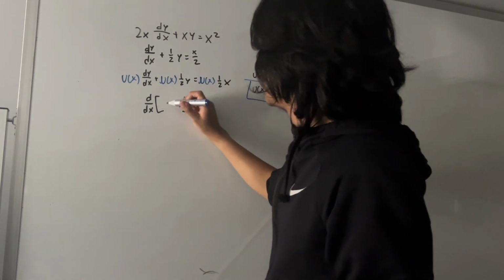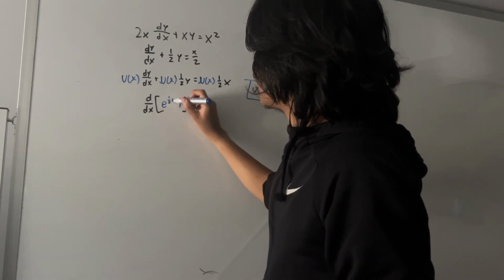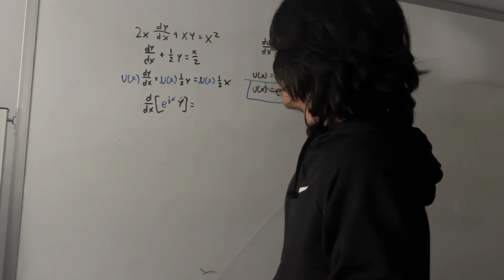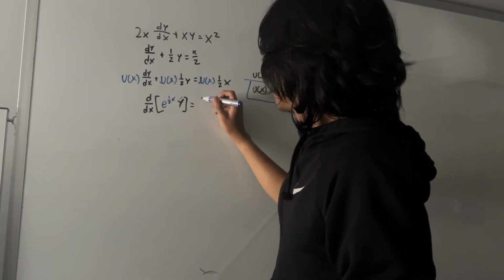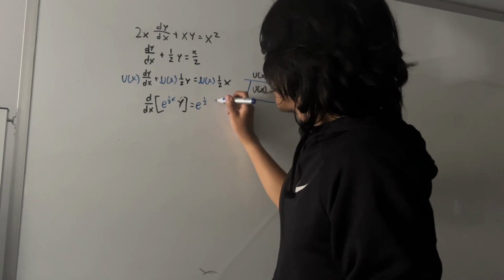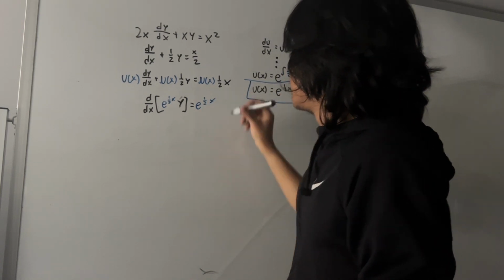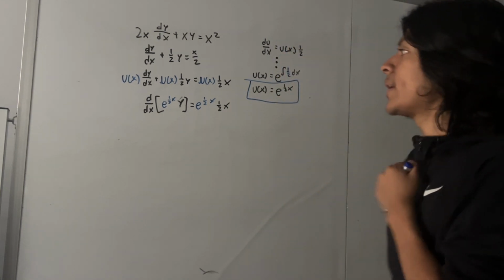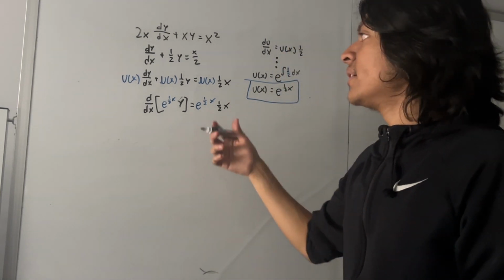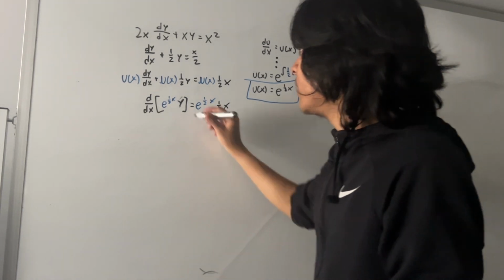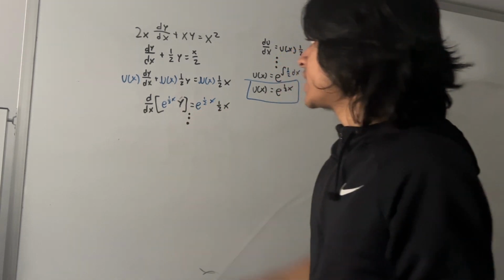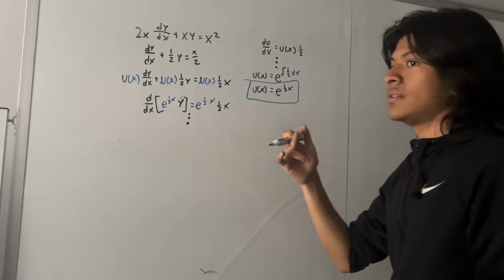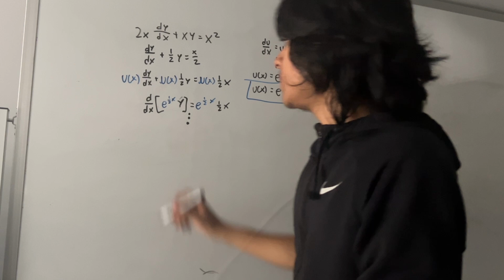So e to the 1/2 x times y, then we just get e to the 1/2 x and 1/2 x. Okay, and now at this point we can just solve for y, doing the normal deriving steps, except I'm just going to skip to the point where we get the form of solving for y.